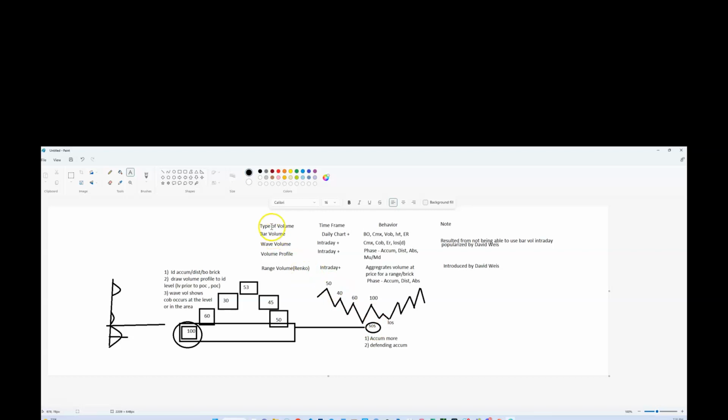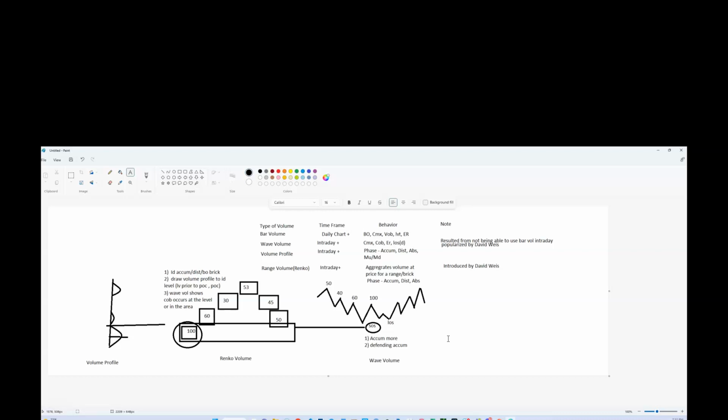So now the key is I've taken three types of volume: Renko volume, volume profile, and wave volume. I combine these three and they work very nicely together for intraday trading. They work very nicely together.